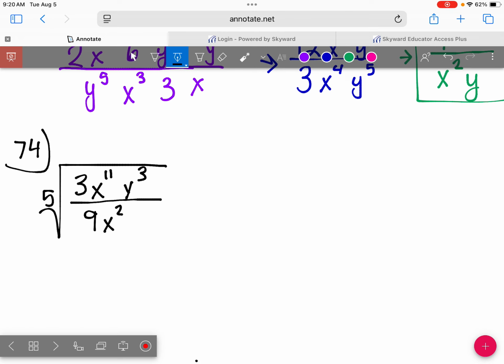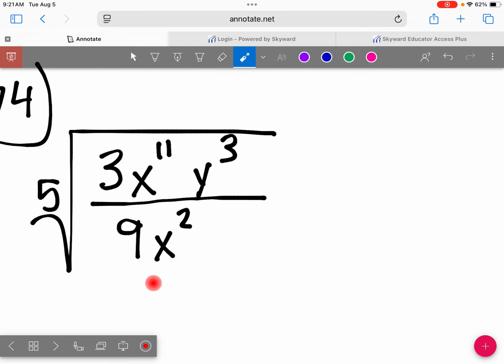All right, and this is one that we're going to simplify and then rationalize. So let's start by simplifying the fraction inside the radical before we try and get things rationalized. You can do it in either order, but I feel like this is going to be kind of the easier way, but it's okay if it's not.